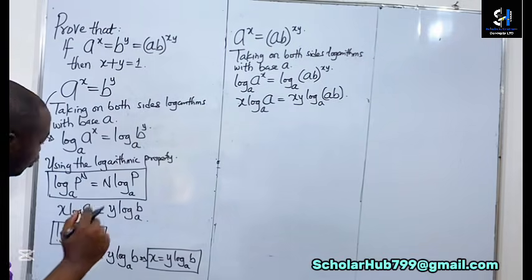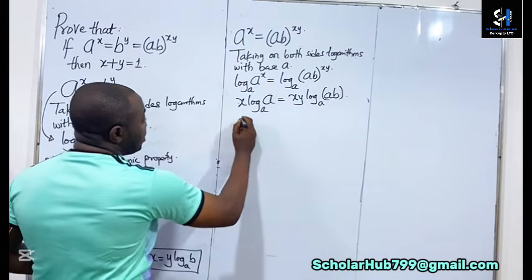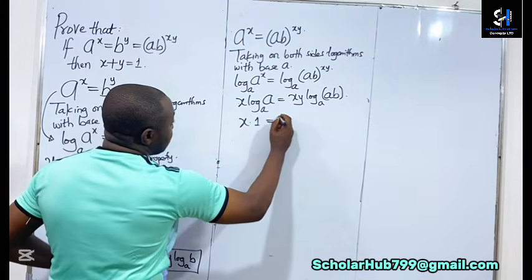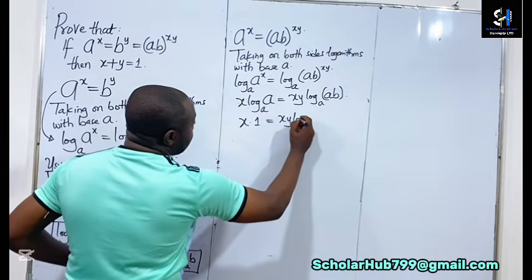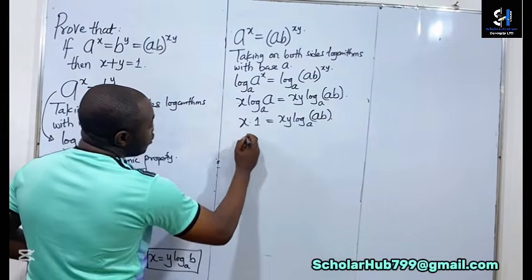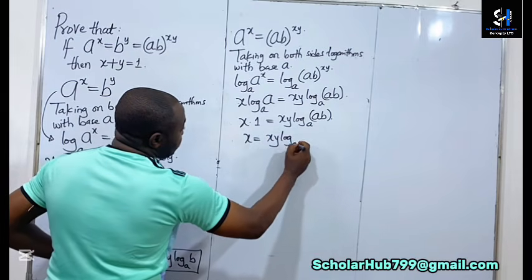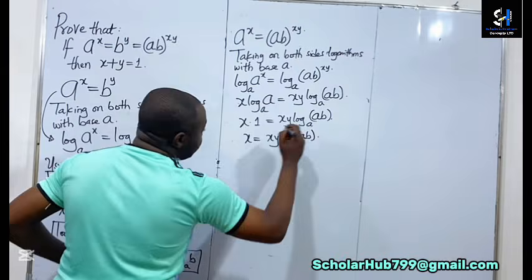Also we know that logarithm to base a of a equals 1. So this will be x times 1 equals xy logarithm to base a of ab, so x equals xy logarithm to base a of ab.